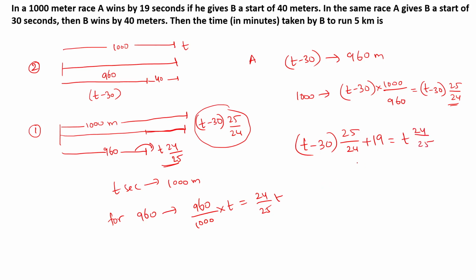So if I take t on the left side, we'll get 25 by 24 minus 24 by 25 is equal to 30 into 25 by 24 minus 19.